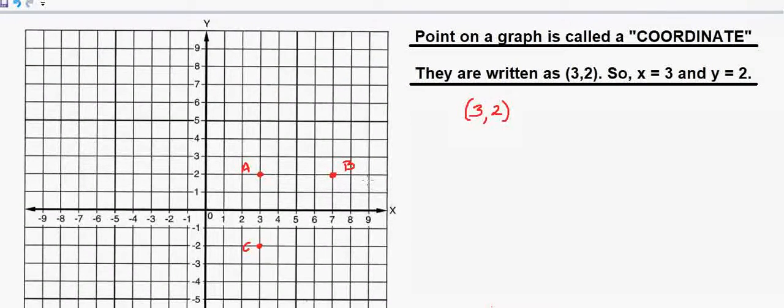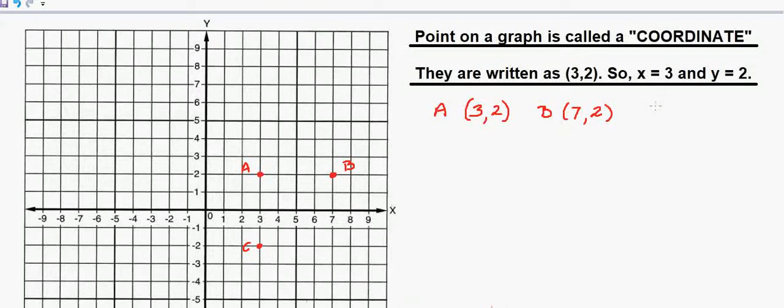So if we were to plot point B, so this is point A, well, first we need x, so it's above 7, so we can write in 7. Now it's level like A with 2, so that's point 2. So B is 7, 2.